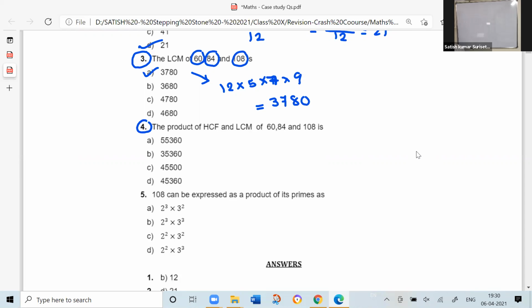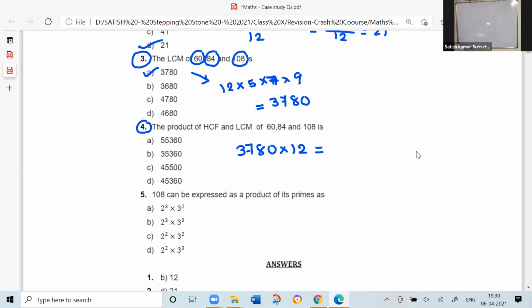Next, fourth. The product of HCF and LCM of 60, 84 and 108. Now, from the previous problems, if you have done correctly, then this also you can do easily. So what product should I make here? 3780 into 12. Correct. 3780 is the LCM, and HCF we have already calculated, which is 12.